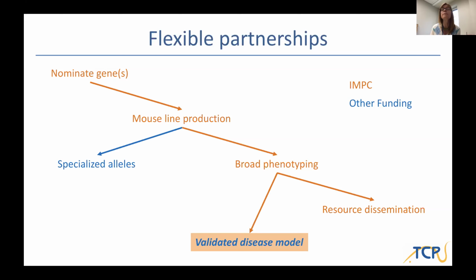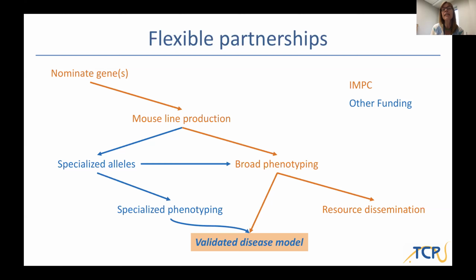However, sometimes there is additional funding, beyond the core IMPC funding. With other funding, sometimes we make specialized alleles instead of knockout alleles, and this is something that we're doing with the Kids First organization right now, for example. Those alleles can be subjected to our broad phenotyping, or many of the centers are also able to do specialized phenotyping.